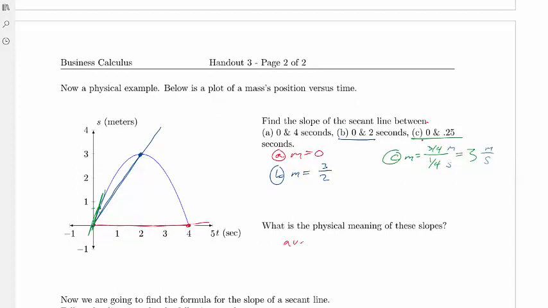Average velocities. And we're using those to approximate what we consider the velocity at the instant that this thing begins to move at 0 seconds.